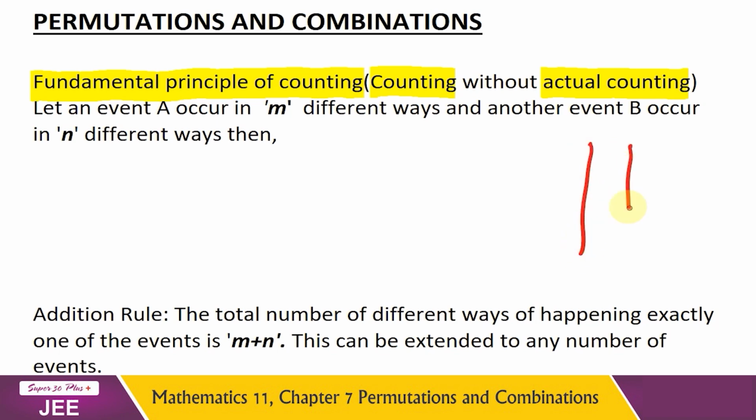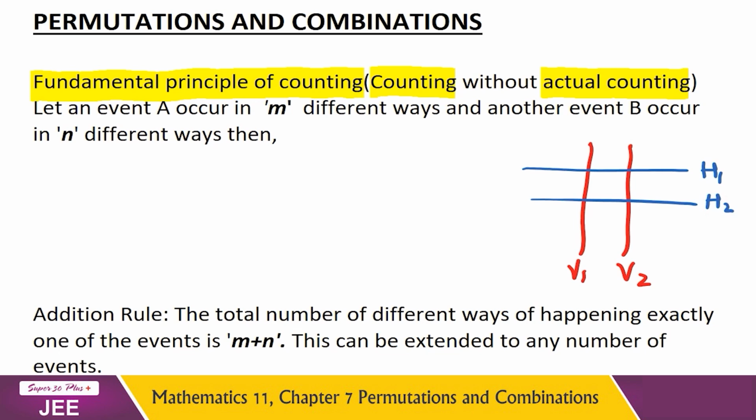Suppose we have two vertical lines given by V1 and V2. Also, we have two horizontal lines given by H1 and H2. So in all, there are 4 lines, out of which 2 are horizontal and 2 vertical.